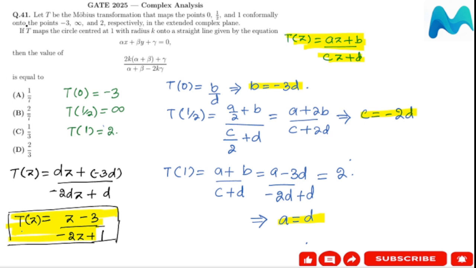Now come to the other part. If T maps the circle centered at 1 with radius k onto a straight line given by the equation alpha x plus beta y plus gamma.